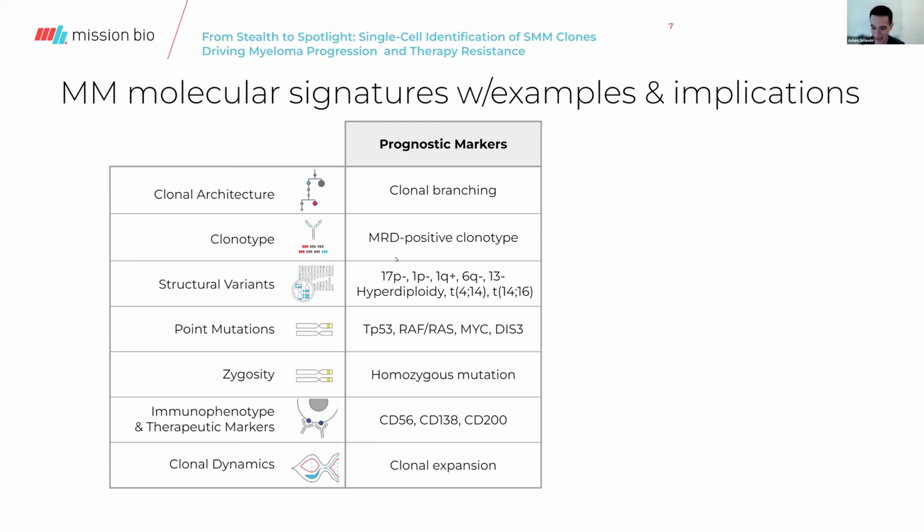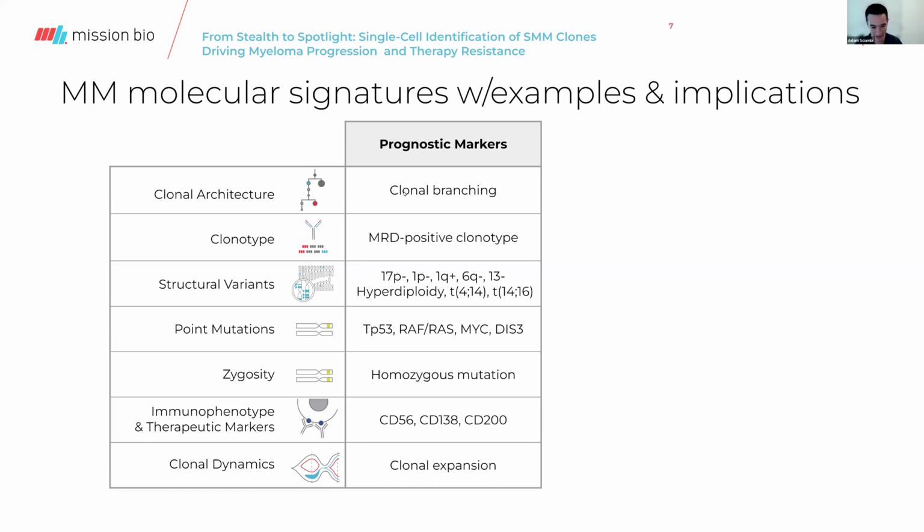Sorry that I'm running through a laundry list, but the punchline will be that we would like to be able to analyze these all together, all in the same clones, because that will help you understand how one might want to treat it. So from clonal architecture, a prognostic indicator, one of poor prognosis, is if you have a very branched clonal architecture.